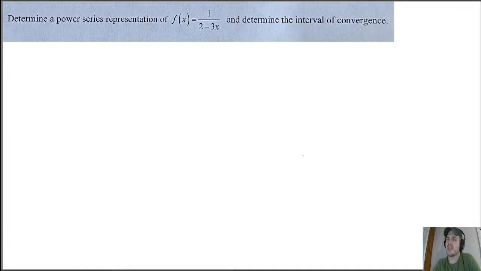Determine a power series representation of f of x, and determine the interval of convergence. How do you know how to do power series representations? This is so stupid. Why are they asking you this in pre-calc? This is ridiculous. I don't understand how you could possibly know this.